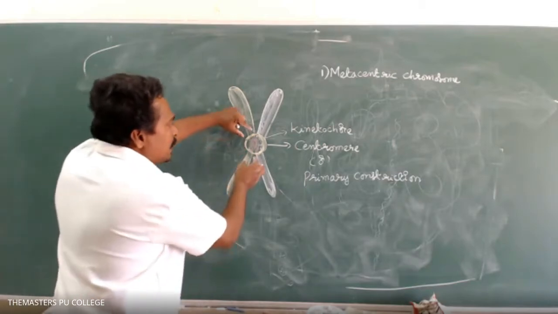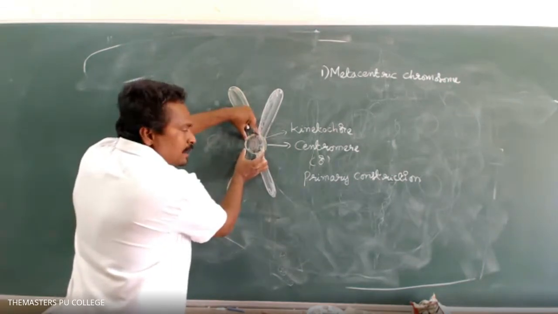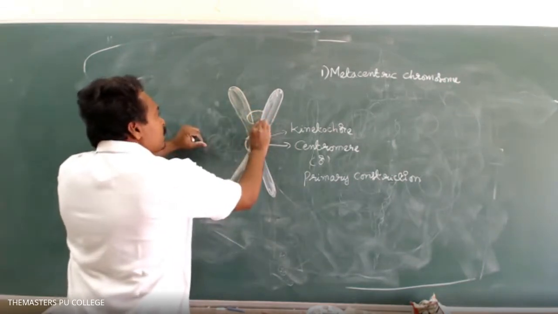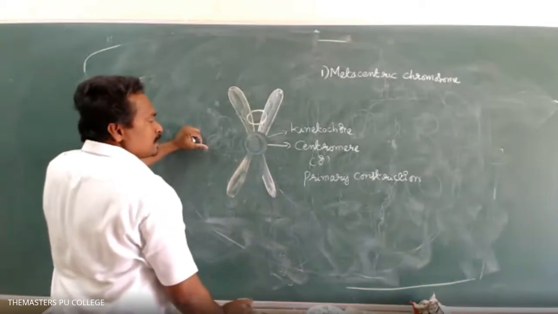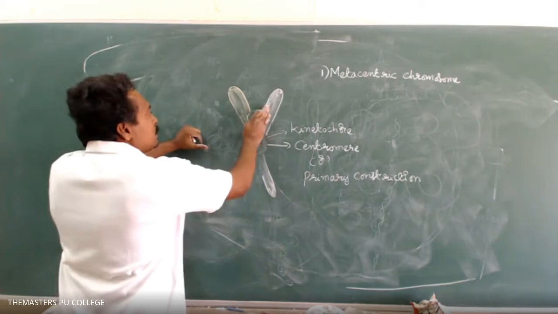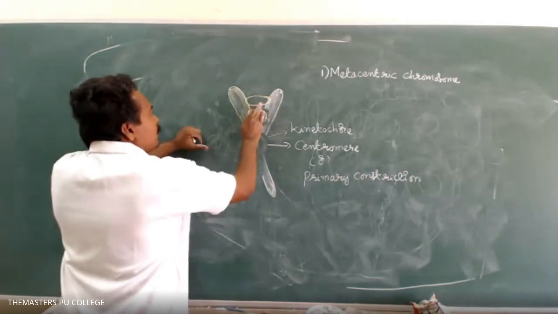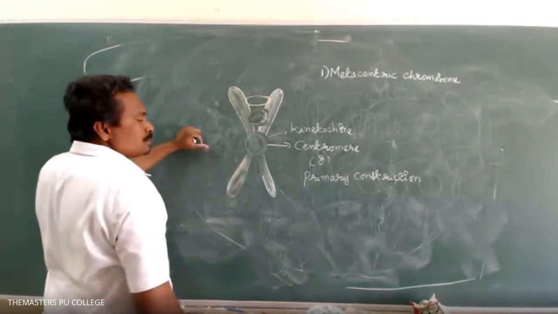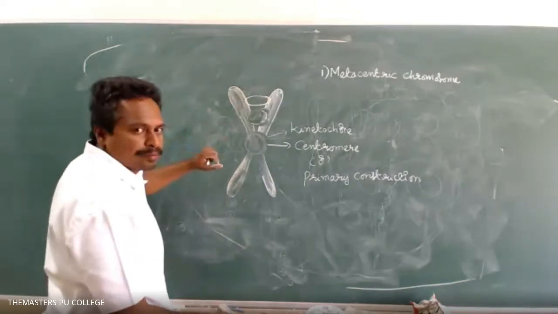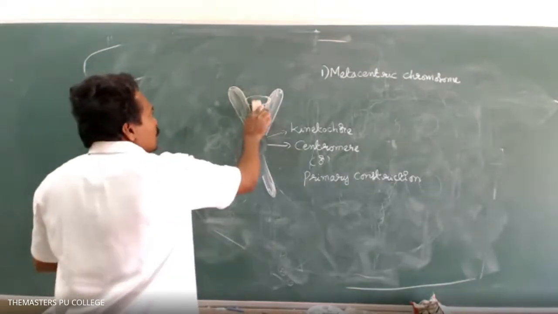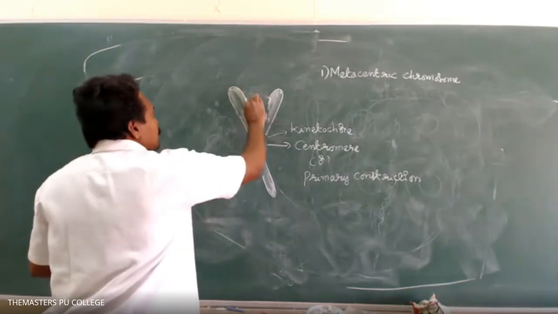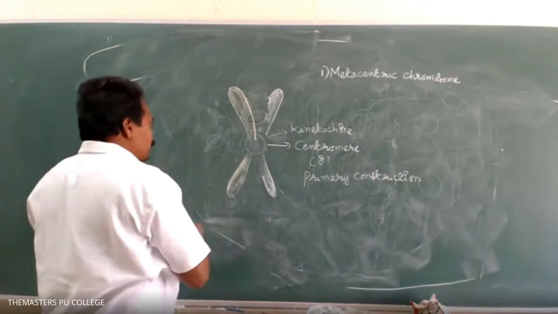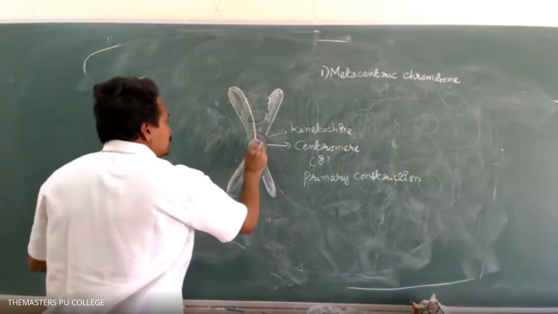So whether it is exactly located at the center, or slightly away from the center, or near to one end of the chromosome, based on the position. Is it clear enough? Right?